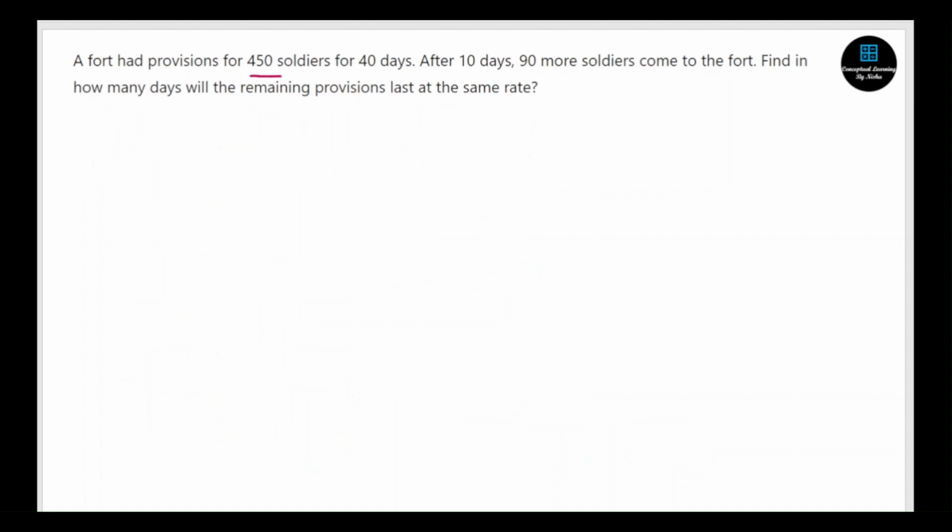For 450 soldiers, the food provision lasts for 40 days. After 10 days, 19 more soldiers came. So how many days will it last? The provision for 450 soldiers lasts for 40 days.